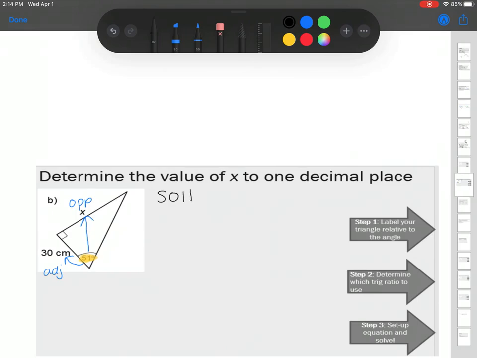So when you go to solve for this, we're going to figure out using SOH CAH TOA which one do I use? We're asked about the opposite side, we're given the adjacent side, and that means that we're going to use the tan ratio. So tan theta, you can certainly write out the whole word tangent, opposite, adjacent, but most people do not do that.